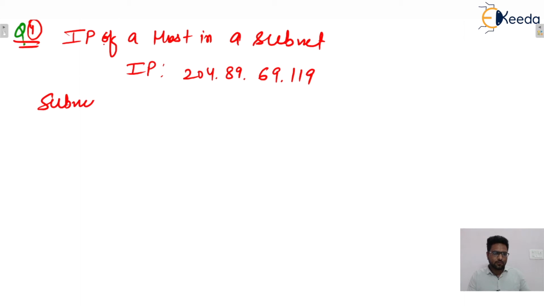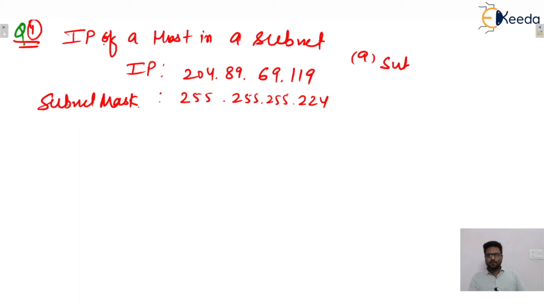Subnet mask is also given. This is the mask for the subnet, that is 255.255.255.224. Now my first question is, what will be the subnet ID?